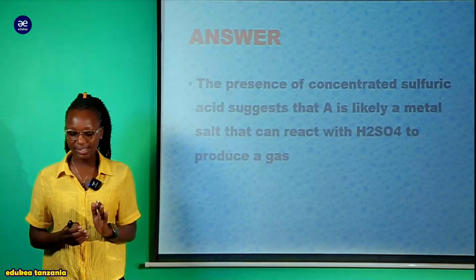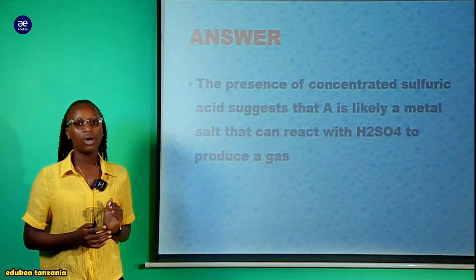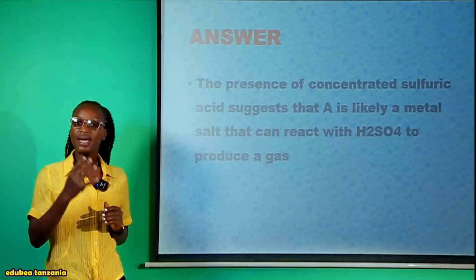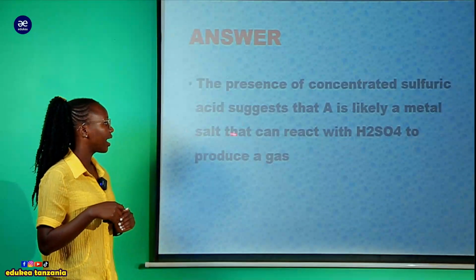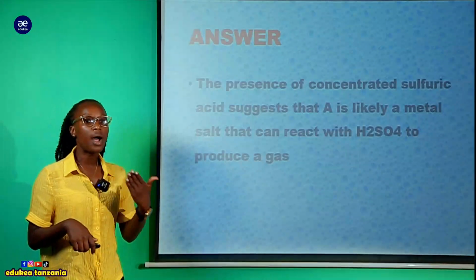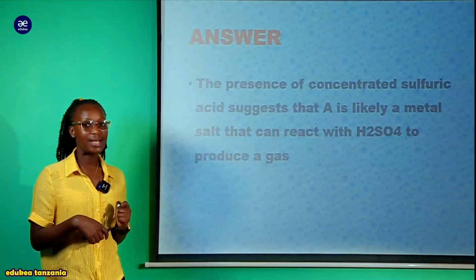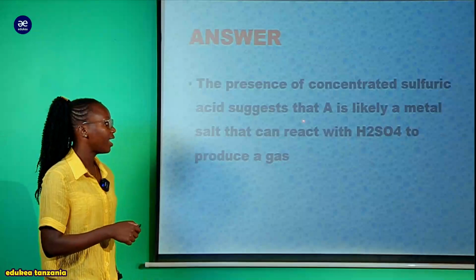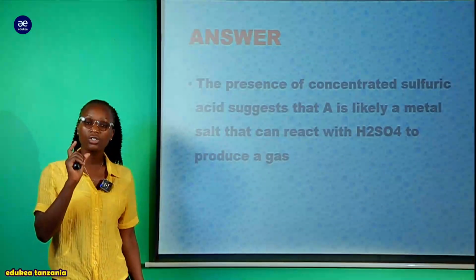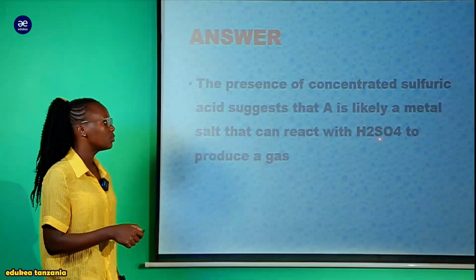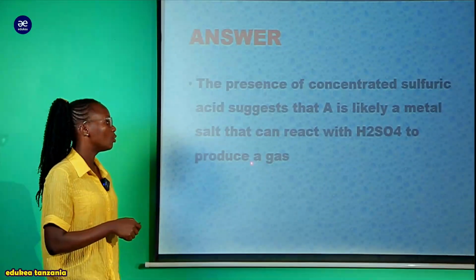So this is just the prediction, kwamba uwepo wa ile conc sulfuric acid ni ishara ya kwamba A is likely a metal salt, kwamba A ilikuwa ni metal salt that can react with that sulfuric acid to produce a gas.